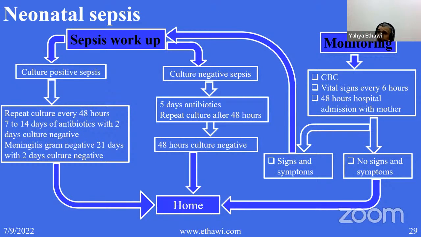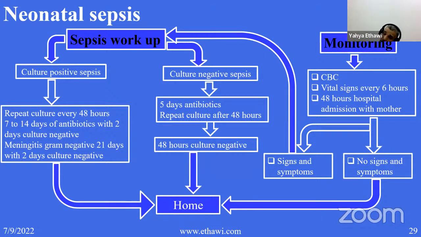Now, if the baby is symptomatic and 48 hours is negative, I personally continue for 5 days and I repeat the culture at 48 hours. So if the second culture, also 48 hours, is negative, you probably are not dealing with infection. So if the child turns asymptomatic, you send the baby home.